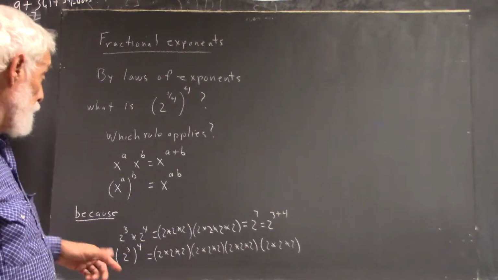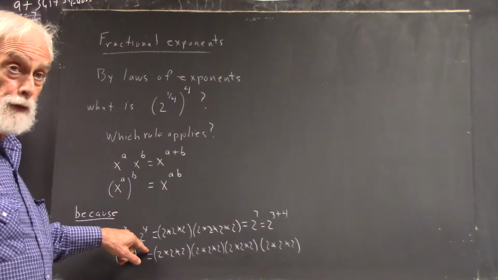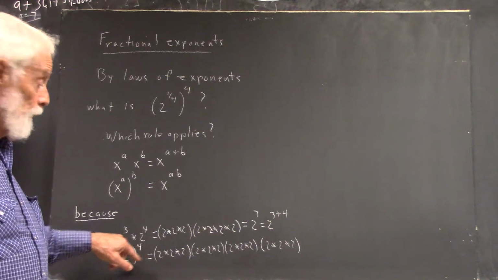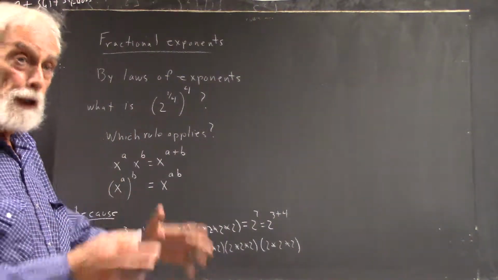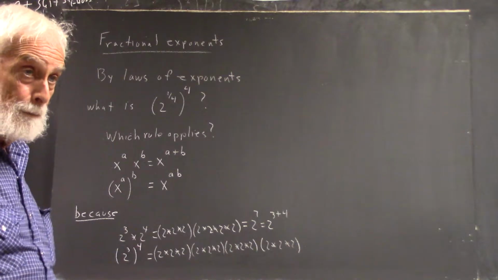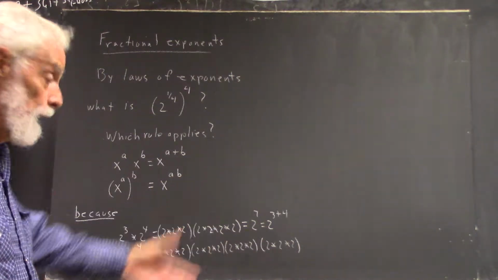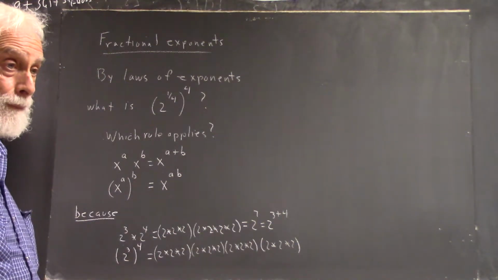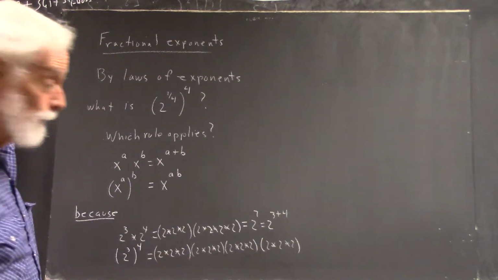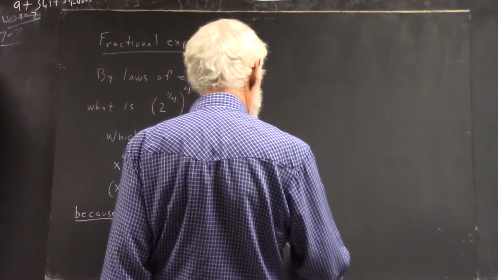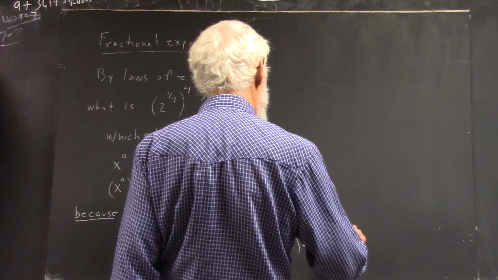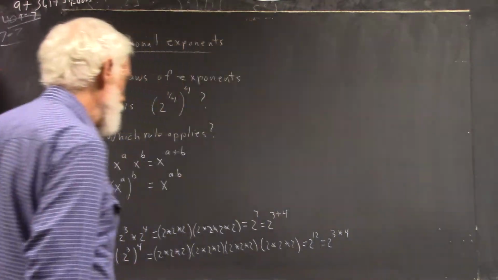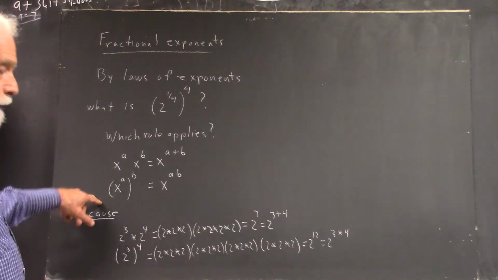I mean, that's what it says. Whatever 2 to the 3rd is, you raise it to the 4th, right? And 2 to the 3rd's 2 times 2 times 2. If you raise something to the 4th, you got it 4 times. Okay? So how many of them you got? You got 12 of them, 3 times 4. But that illustrates the first rule and the second rule.